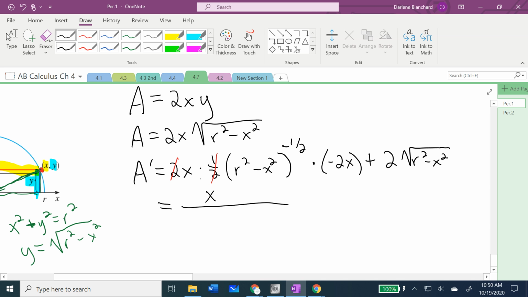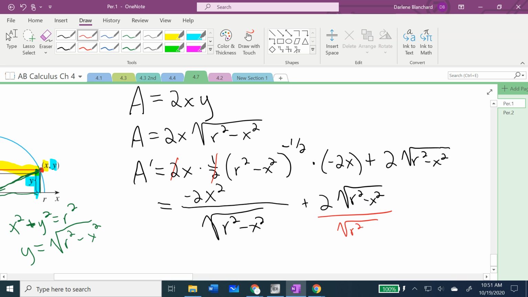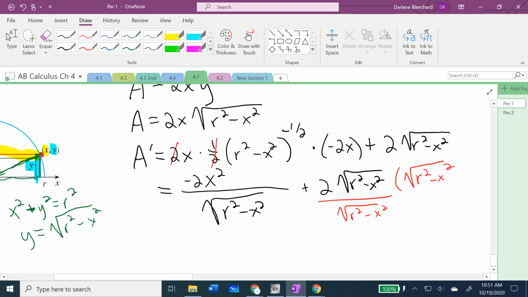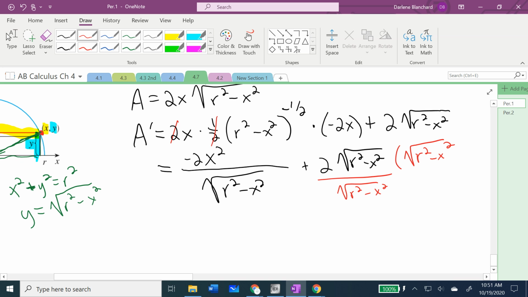I'll make this quick. I've got this x, I've got this negative 2x, so I've got negative 2x squared over a square root of r squared minus x squared. And then over here, plus 2. Common denominator. And then what I'm going to do is just write the numerator alone.